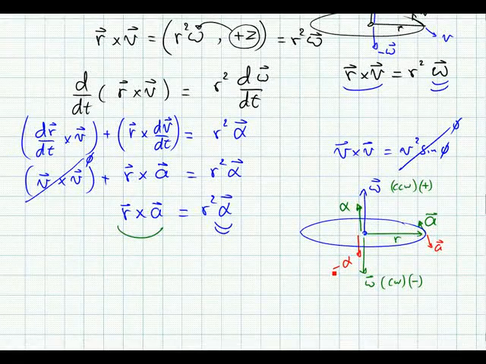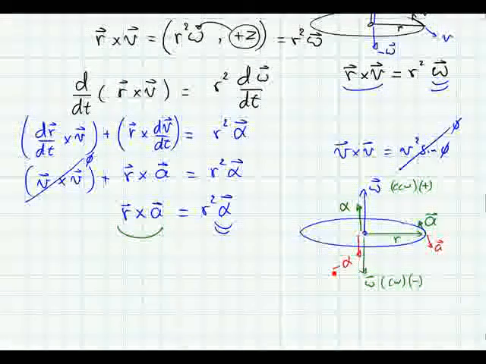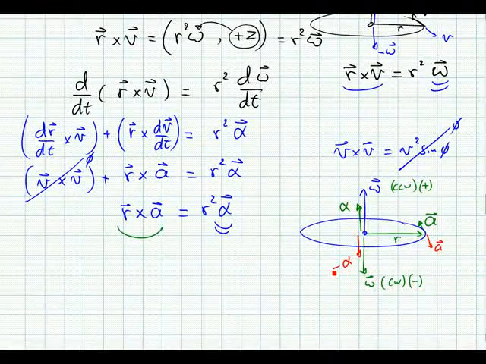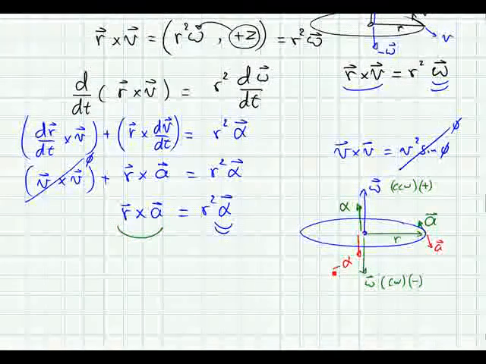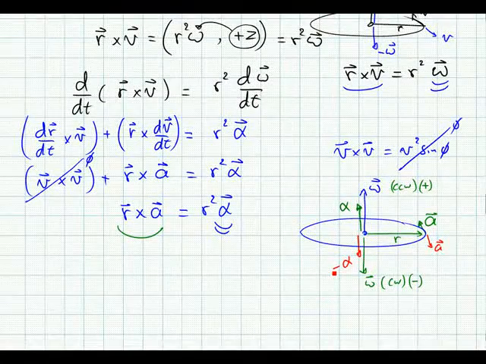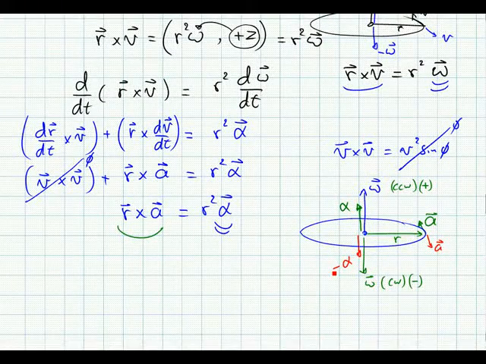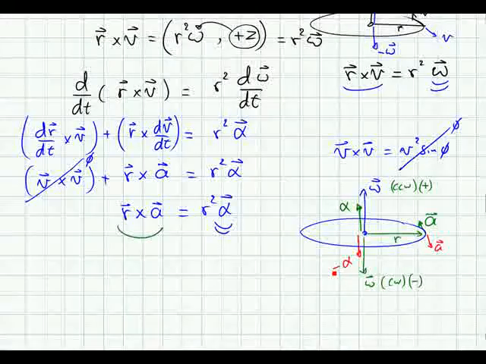So both omega and alpha point either out of the page or into the page, perpendicular to the plane in which the rotation is taking place.